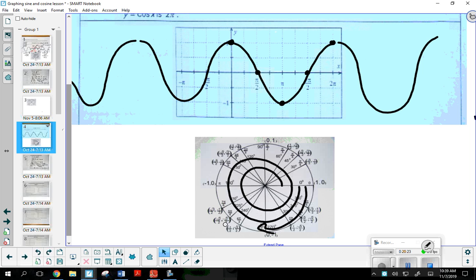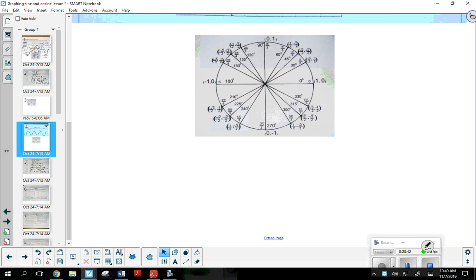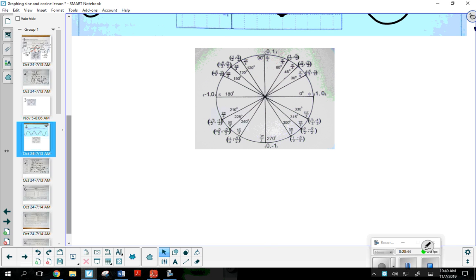Okay, what's the maximum value that cosine can get? 1. What's the minimum value? -1. See, it doesn't go to positive or negative infinity. That's why it's bounded above and below. But it's a little different for cosine. Remember, while sine was the y value, cosine is the what? The x value.